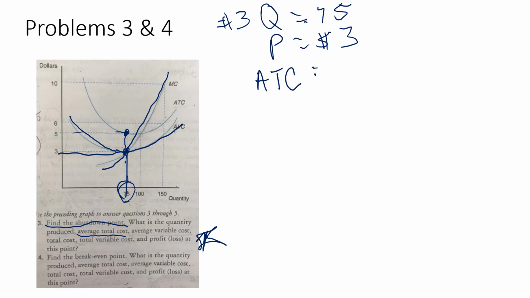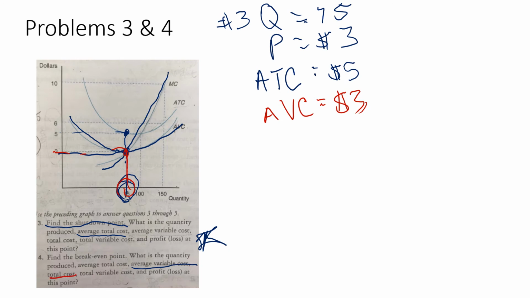So that's going to be $5 per unit of average total cost. The average variable cost, you follow that up. So where 75 meets the average variable cost curve, which is also the shutdown price, $3, right? So average variable cost is 3.